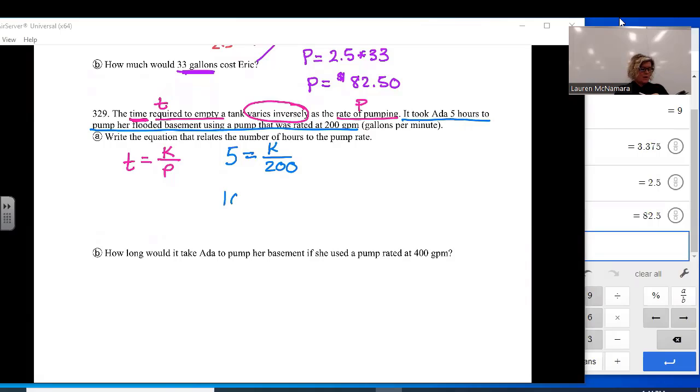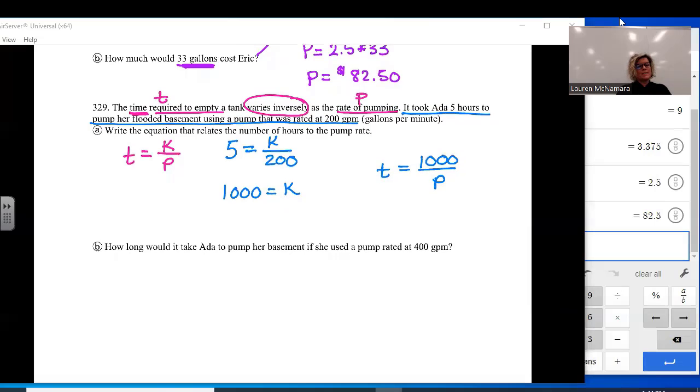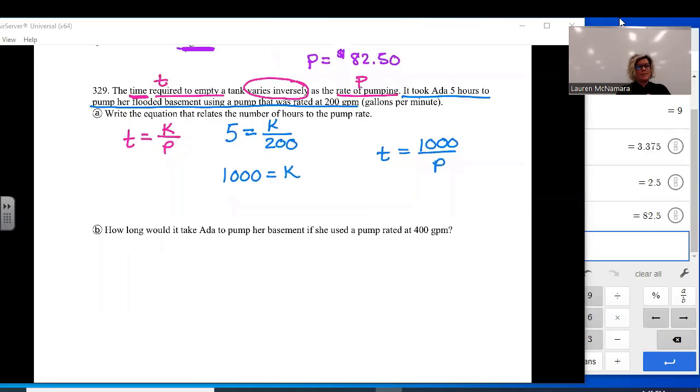Cross multiply, so I get 1,000 equals K. So now my time is equal to 1,000 divided by P. How long would it take Ada to pump her basement if she used a pump rated at 400 gallons per minute?